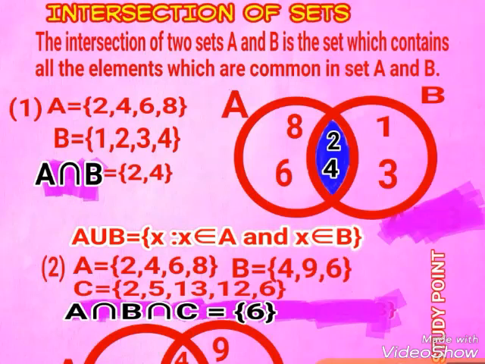In the Venn diagram, the intersection of A and B is represented by this blue shaded portion, which contains two elements, 2 and 4, which are common in both circles, circle A and circle B. Circle A represents the set A and circle B represents the set B in the Venn diagram.